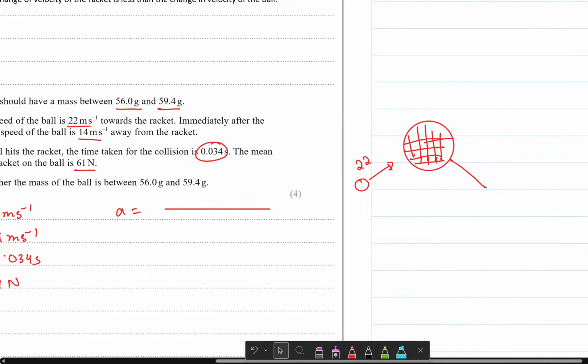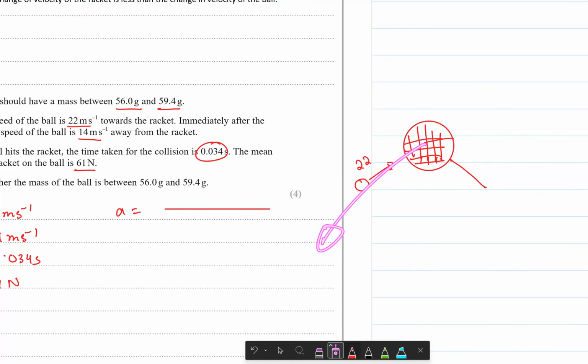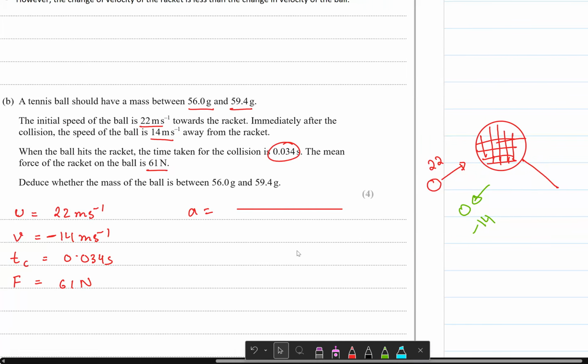However, when you have hit the ball, after the collision, now the ball is going in the other direction. So for this direction, I'm going to use a negative sign in front of it, indicating a change in direction.